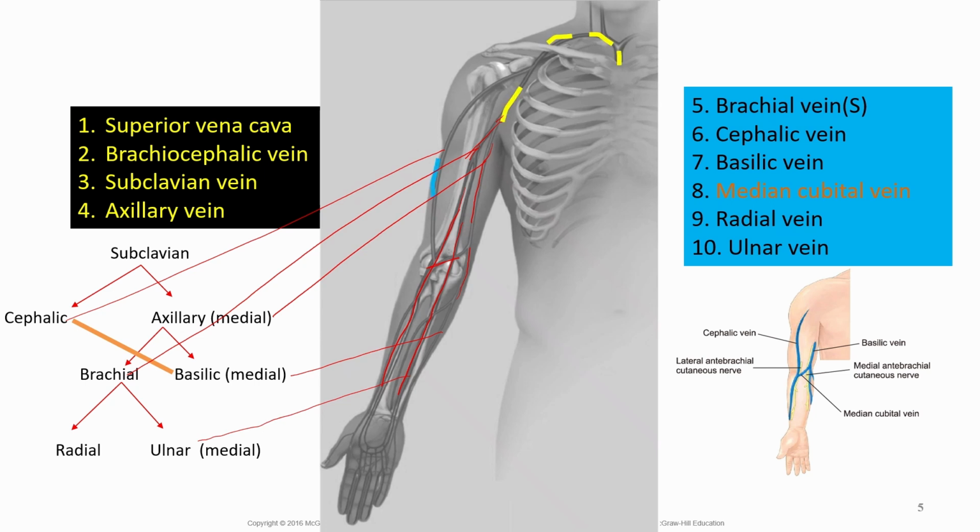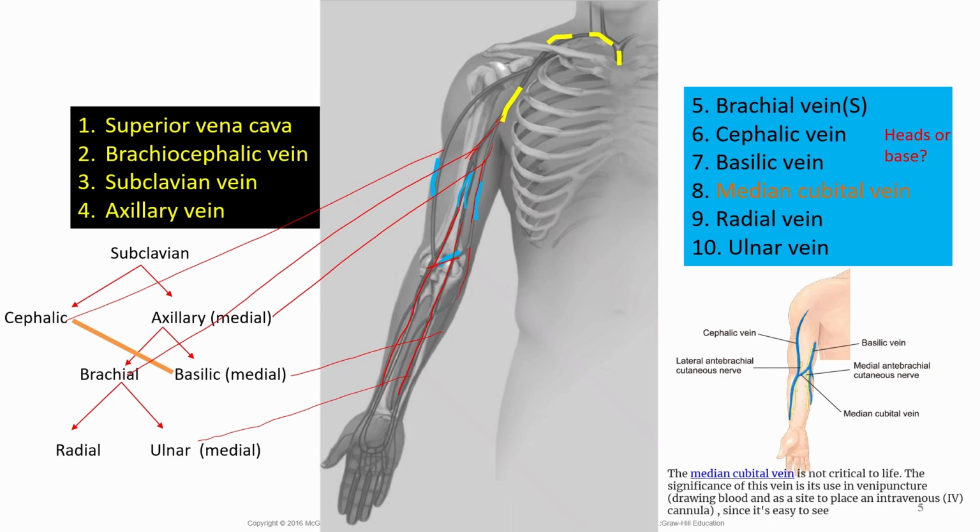So what is that one? That blue one? That's my cephalic. What is that one? Those are branches of the brachial. Now the brachial breaks into two, and that's the axillary, which becomes the basilic vein, and then you have your median cubital vein, and ultimately you have, can you guess, that would be my radial, and here would be my ulna.